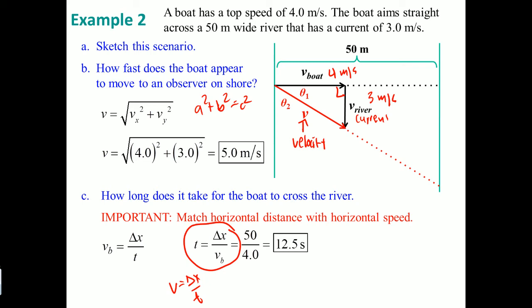The delta x is your 50 meters, which is how much the boat is traveling across, and your velocity is just the horizontal speed. So this is how long it takes for the boat to cross the river, the horizontal time.